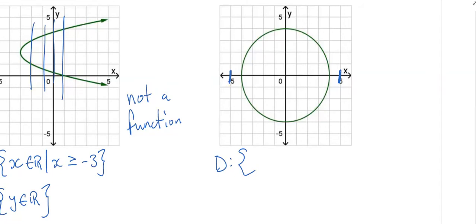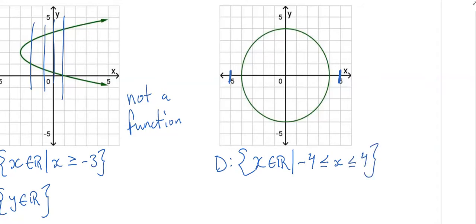How do I write it? X is an element of the real numbers such that you start with the smaller one. Again, we always do left to right. This is the only case where you start with the number. And I do -4 less than x, less than +4.